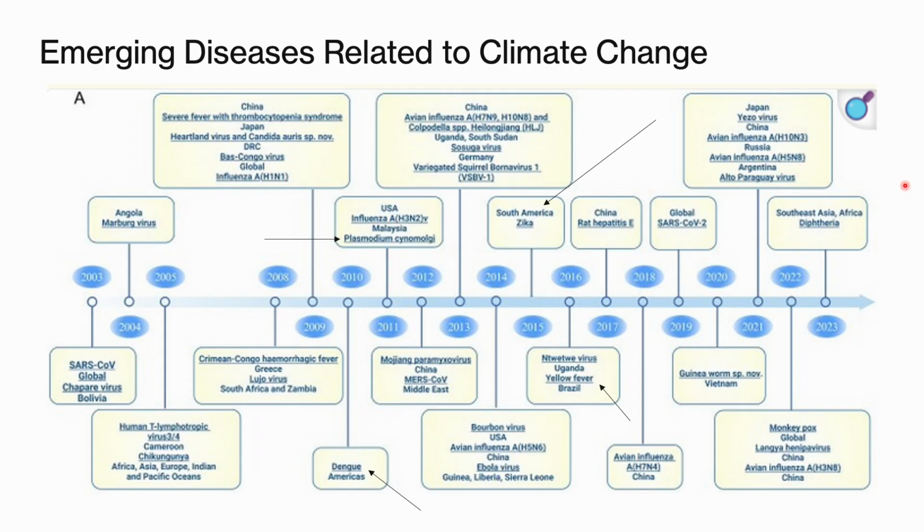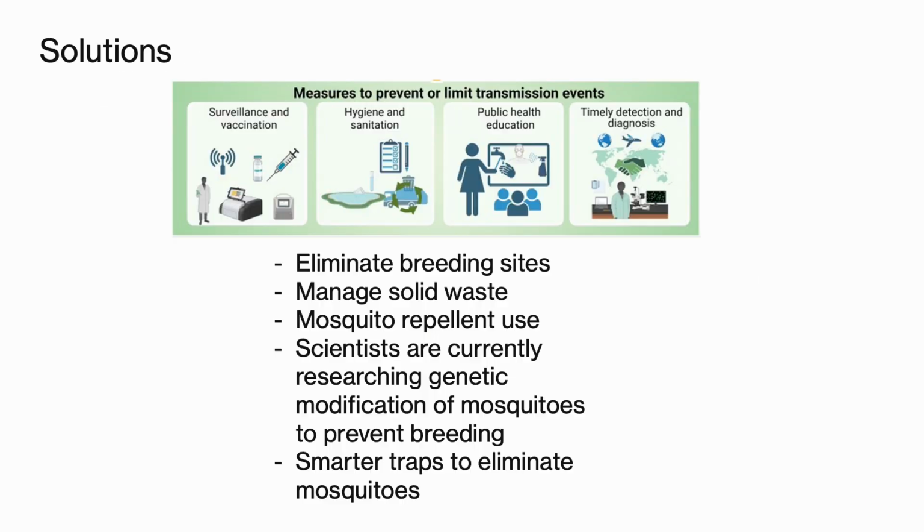These are all diseases that are related to mosquito spread, and are just some of many, many diseases that are emerging as climate change progresses. So that's a lot of doom and gloom, but what can we do about it?